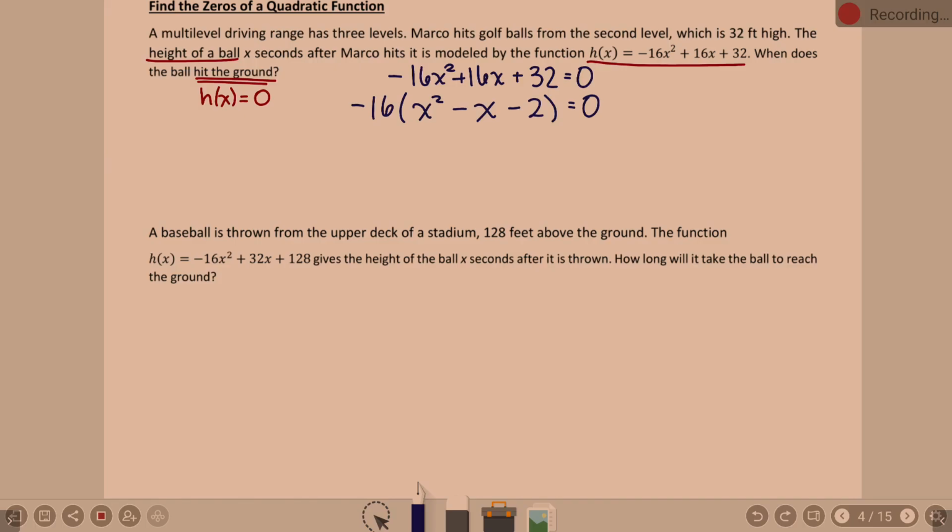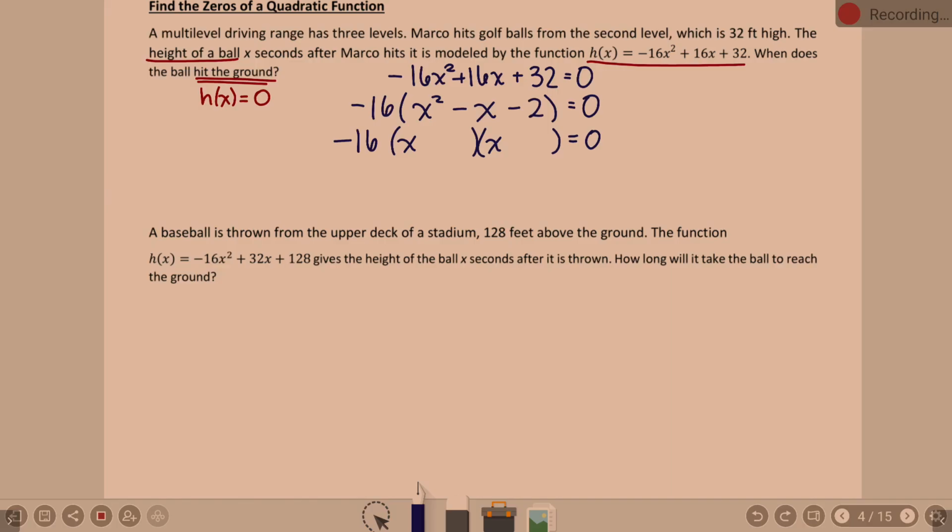So I'm just going to keep that negative 16 out. But now I can factor into 2 parentheses. X squared breaks into x times x. What do you got going for numbers? Negative 2 and positive 1.